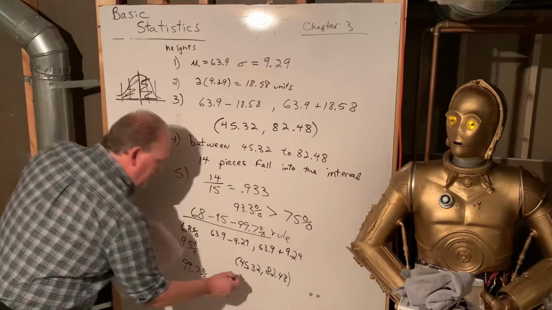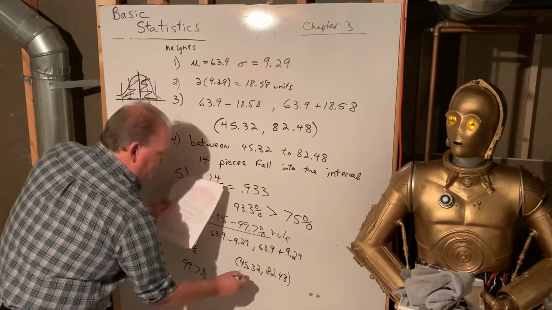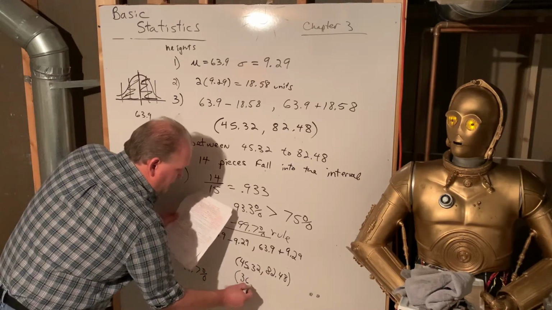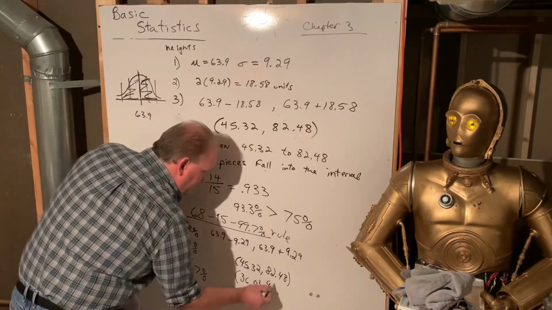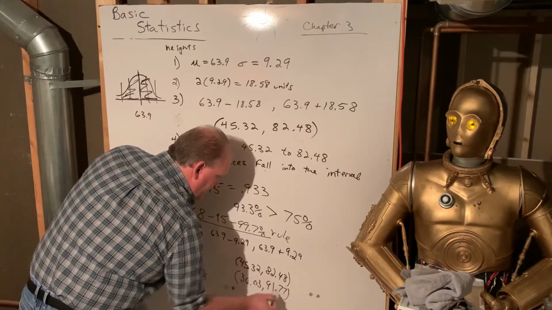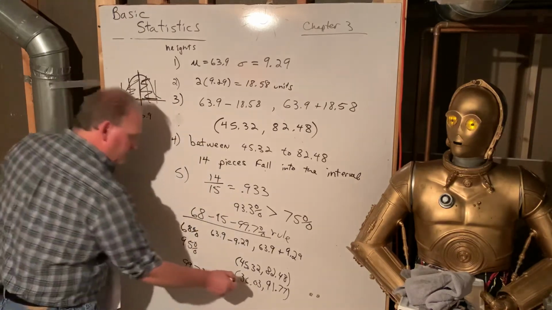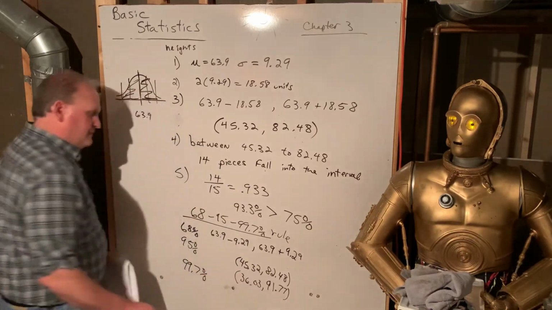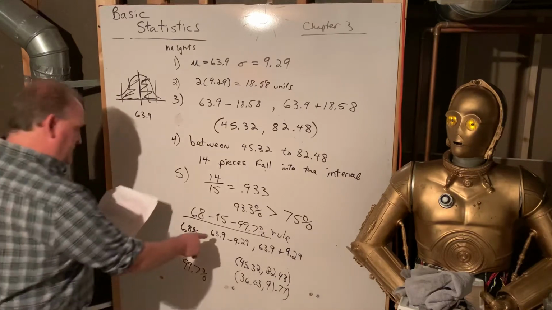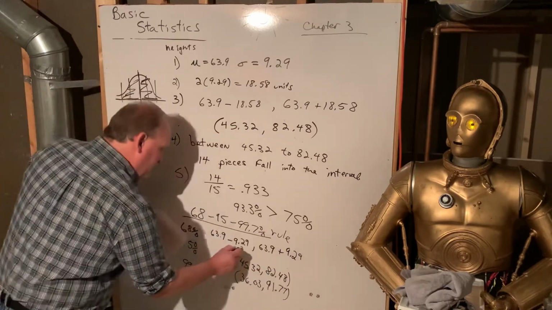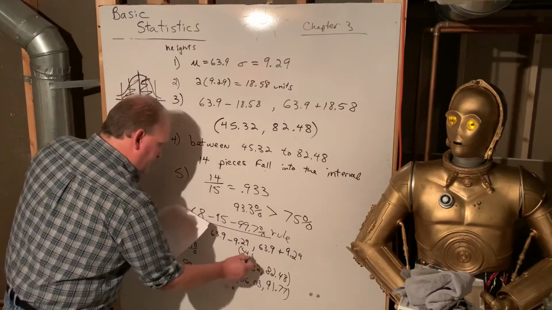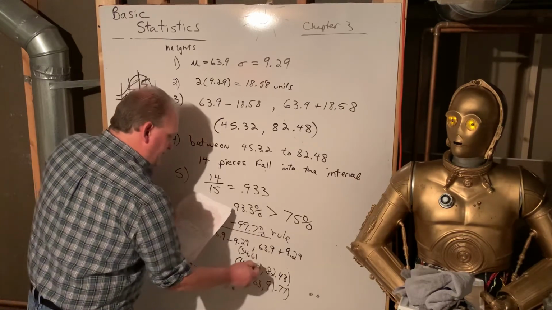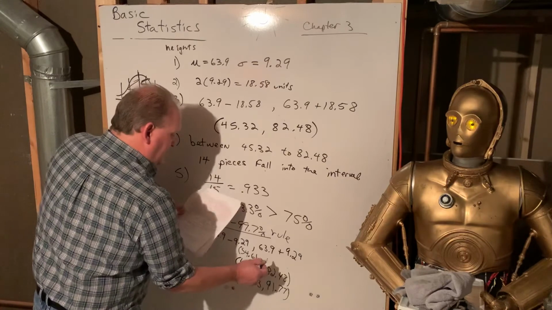And so then you would get this interval from 36.03 to 91.77. And this one was 54.61 and 73.19.